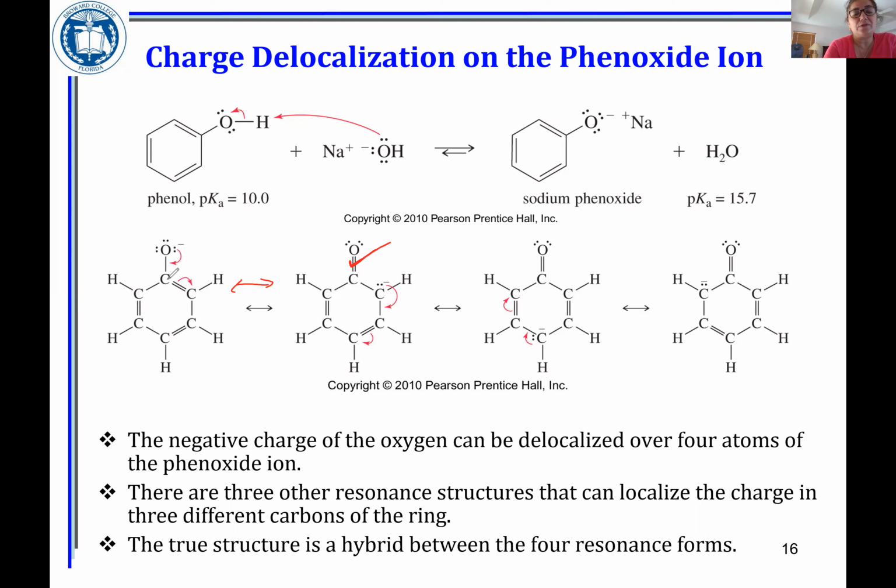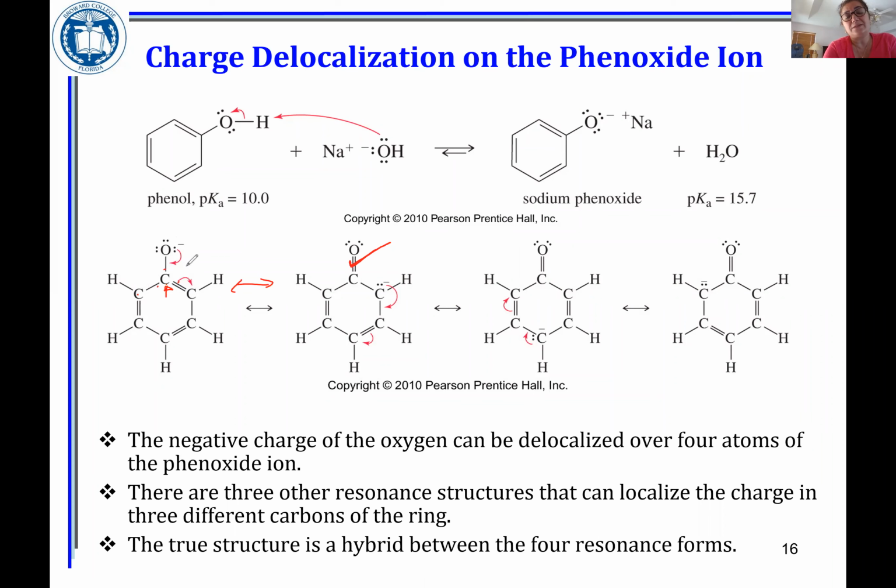This carbon already has 4 bonds. If you count it, you have 1 double bond and 2 single bonds, that's 4 bonds. When you get the 5th bond, it's going to make this carbon very unstable, so the weakest bond has to break. What is the weakest bond? Is it the bond to oxygen, the bond to carbon, or the bond to the other carbon? To the other carbon, we have 2 bonds, one sigma and one pi.